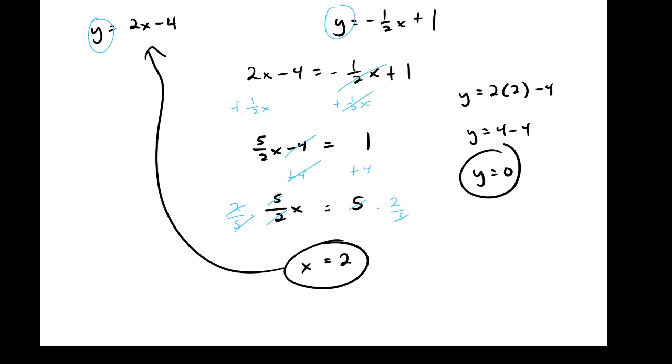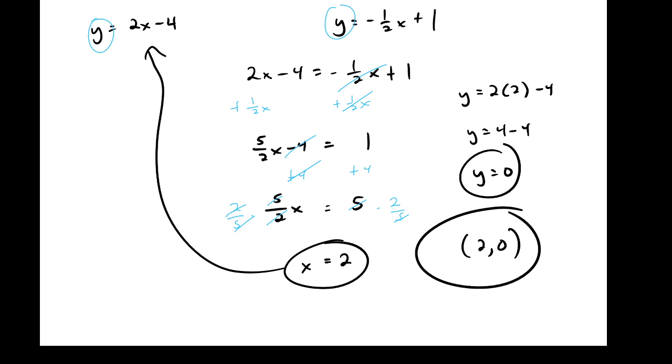Now, for the record, just for fun, if I'd plugged 2 into the other one, negative 1/2 times 2 plus 1, it's going to have the same result. Negative 1/2 times 2 is negative 1, plus 1 is 0. It's the same exact deal. So my coordinate is 2, 0.